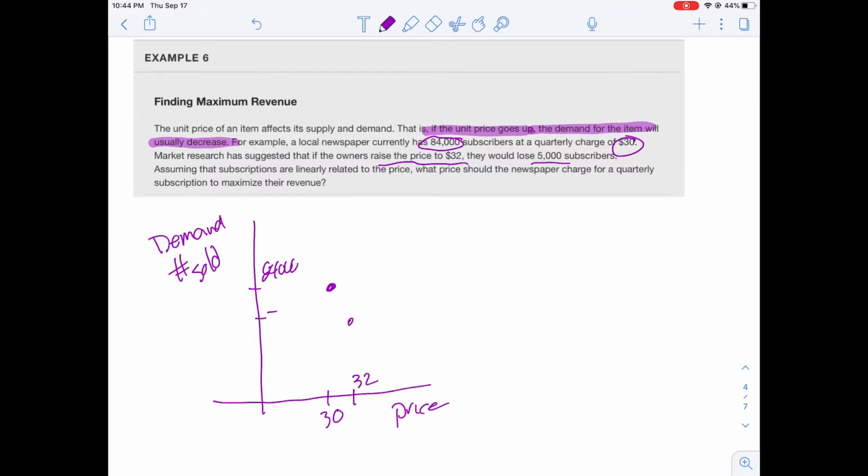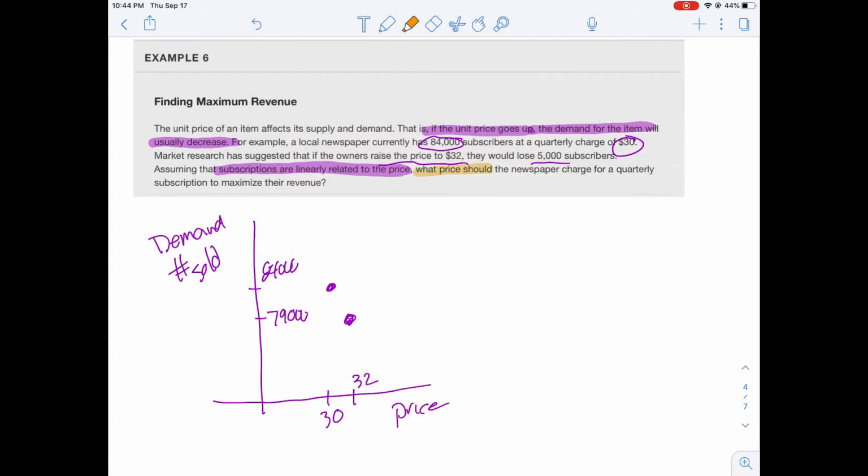At 32, it would go down to 79,000. And then what they say is, if you assume that the subscriptions are linearly related, what price?